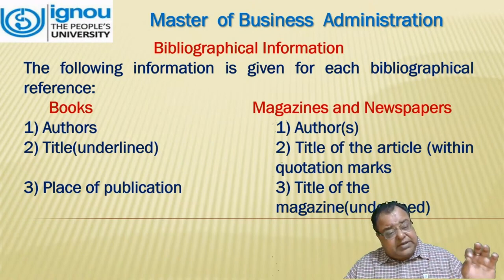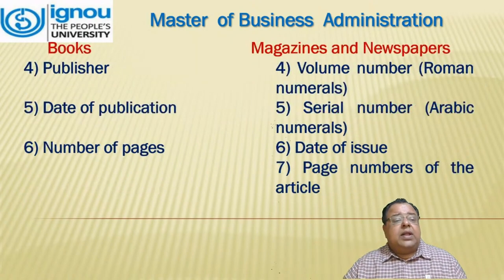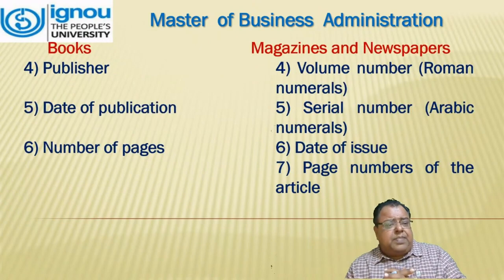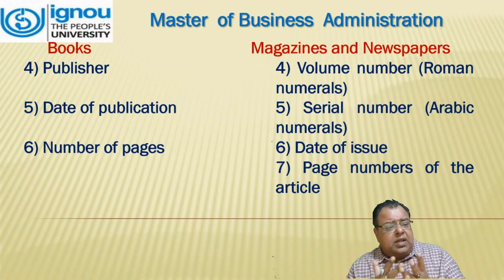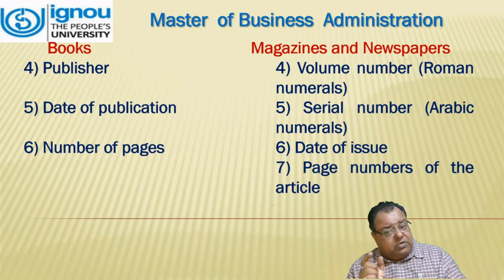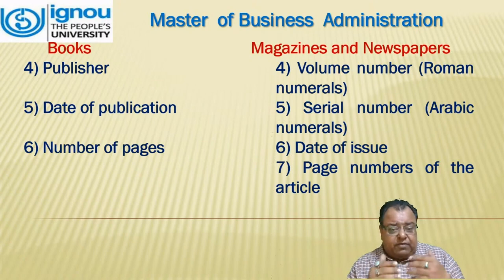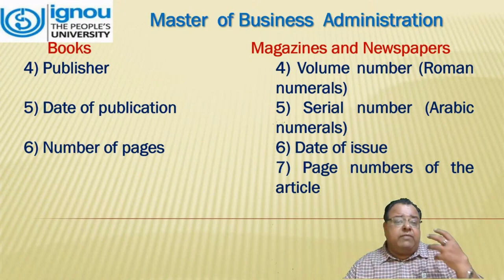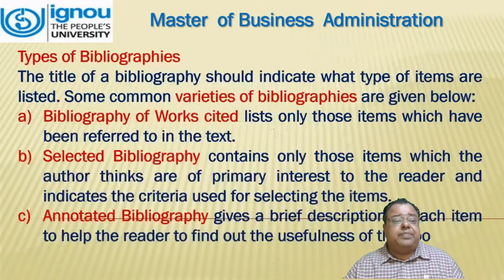The title of the magazine is underlined. For magazines we also give the volume number in Roman numerals, serial number in Arabic numerals, date of issue, and the page number of the article from where it has been drawn or consulted.